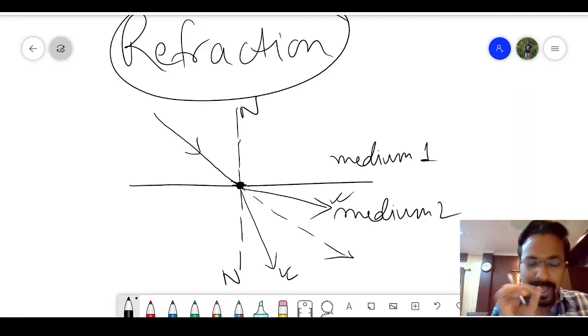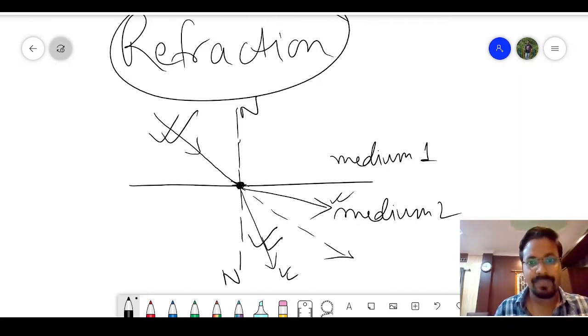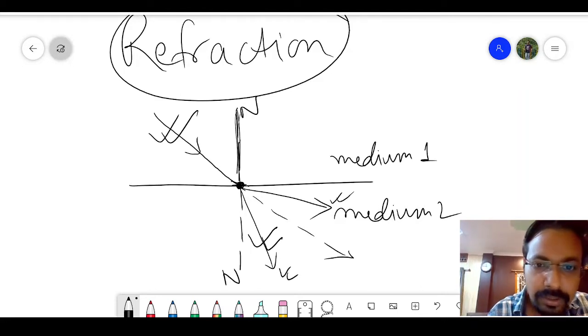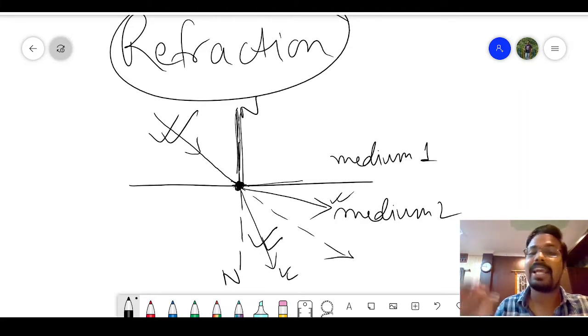So what do we have here? The first law states that the incident ray, the refracted ray and the normal all lie on the same plane at the point of interface of the two mediums.